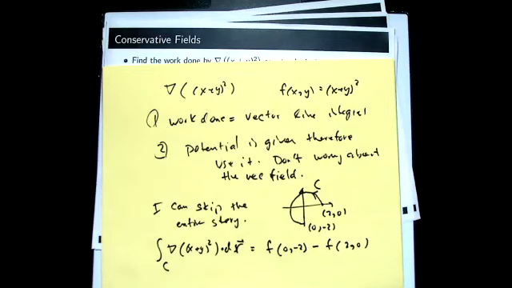You can do the other method also. You can just take the vector line integral. In this case, you can. In some cases it becomes excruciatingly painful. This one involves a mild amount of work.